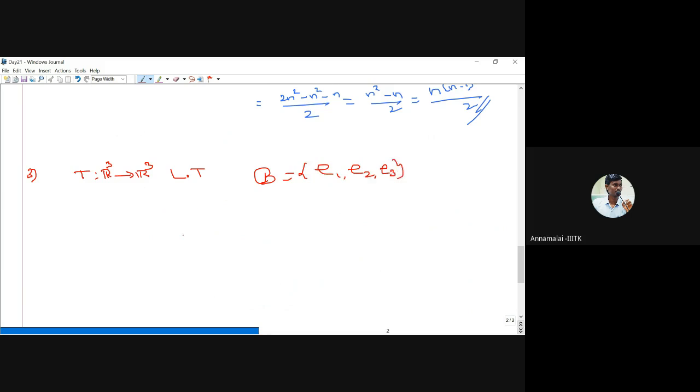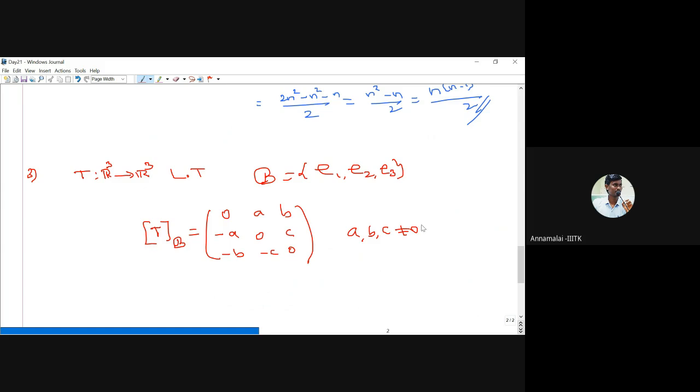Now with respect to this basis, we know that every linear transformation can be represented as a matrix. The matrix is given as 0, A, B, then minus A, 0, C, then minus B, minus C, 0, where A, B, C are non-zero real numbers.